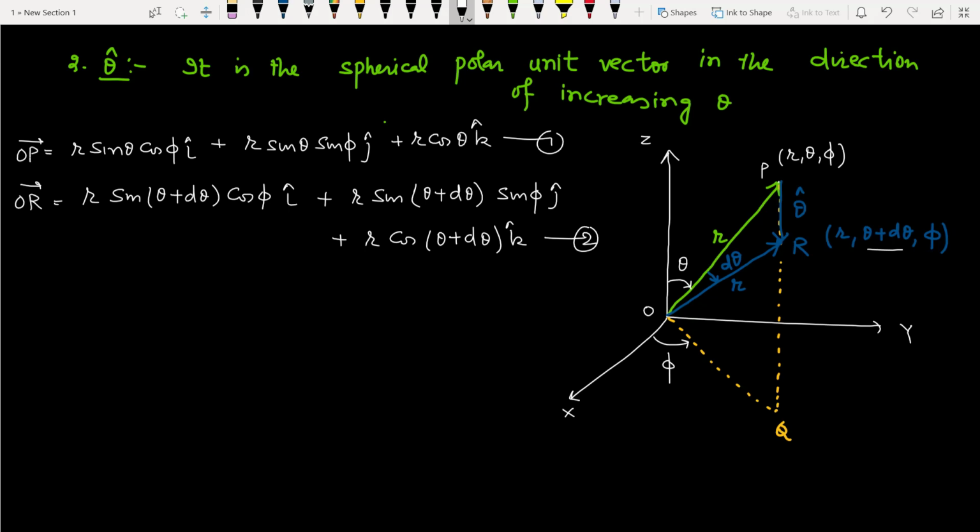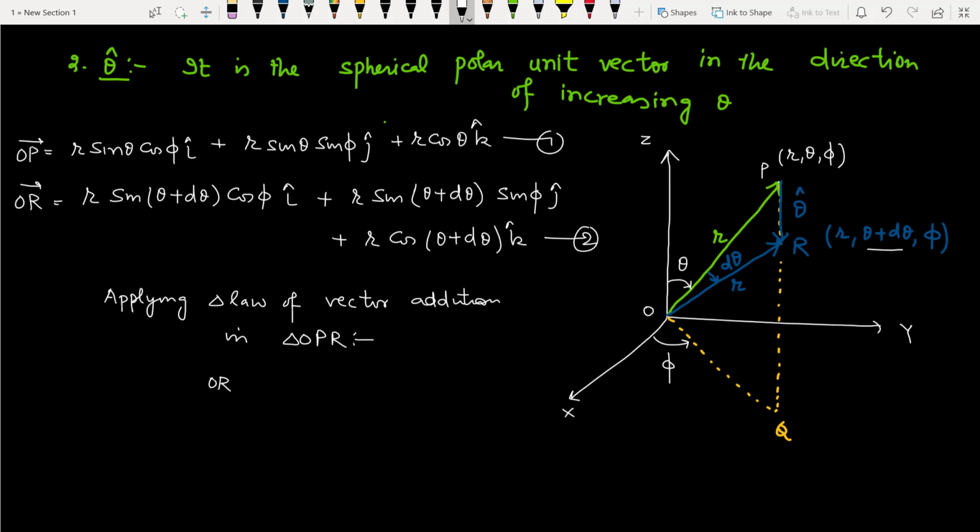Applying triangle law of vector addition, in triangle OPR, here OP vector, PR vector, they are in the same order. OR vector is in the opposite order.